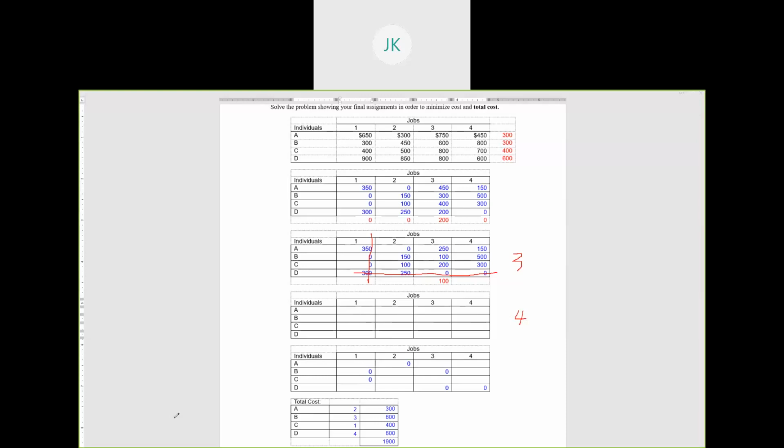Earlier we used a vertical line to cover this one, but how about covering this 0 using a horizontal line? Still 3 lines, so we need one more step. Among those numbers, the smallest is 100.